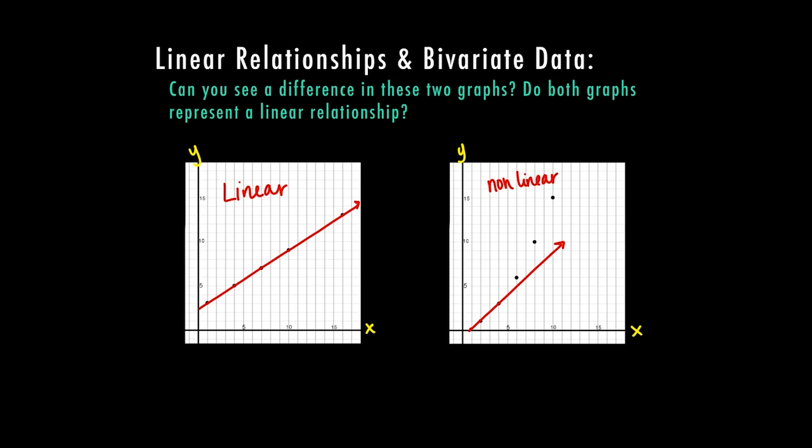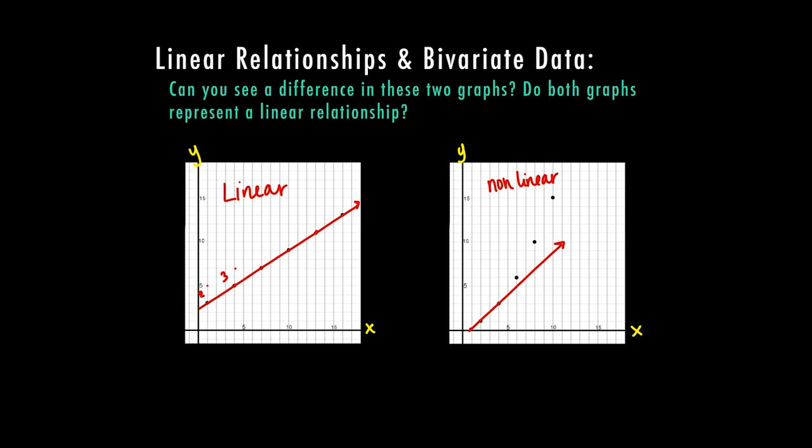If you notice the difference between the graph on the right and the graph on the left, I can see here on the left graph, it has a consistent slope. I can go up 2 over 3, so my rise over run is 2 over 3. If I continue to go up 2 over 3, I'm still at a point on the line.